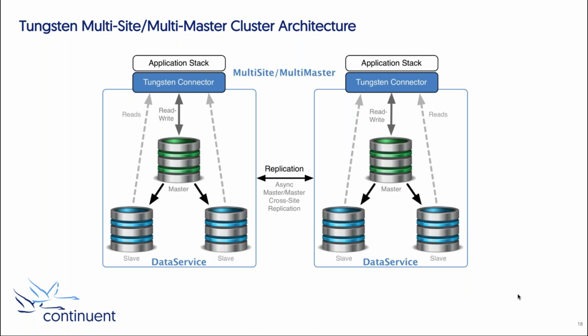And what this does is it provides 2 completely loosely coupled clusters, and they can be located across the world on different continents, but replicating to each other, and they both are live and both are taking traffic.